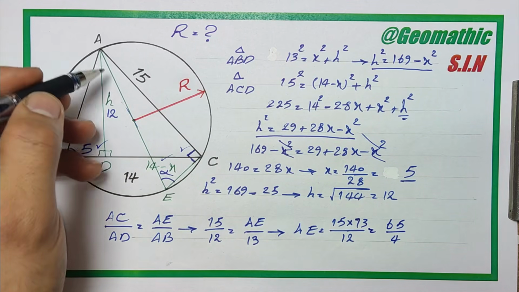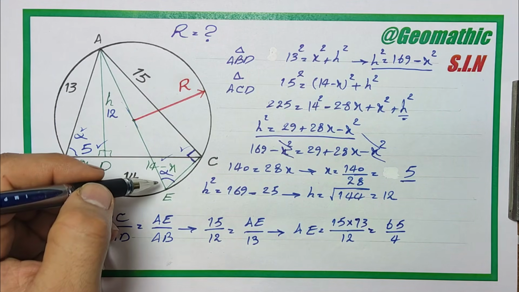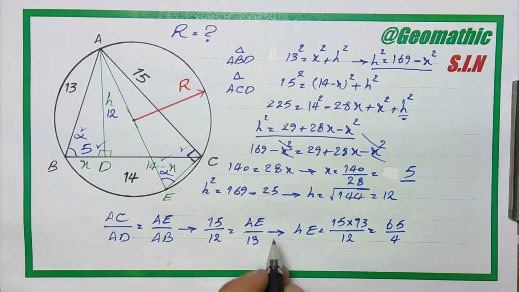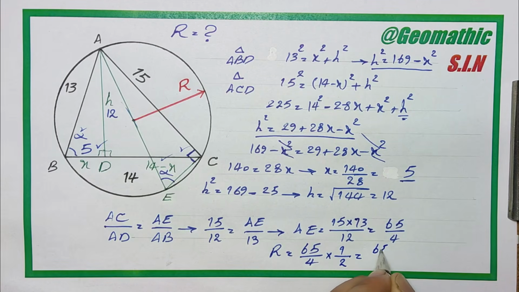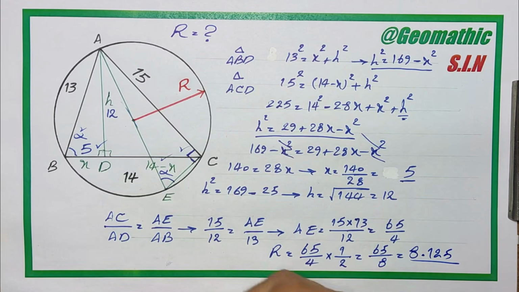This measure is the diameter of the circle, and we should find the radius. So radius equals 65 over 4 times 1/2, which is equal to 65 over 8, equal to 8.125. Have a good time.